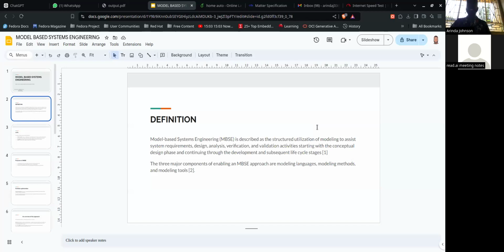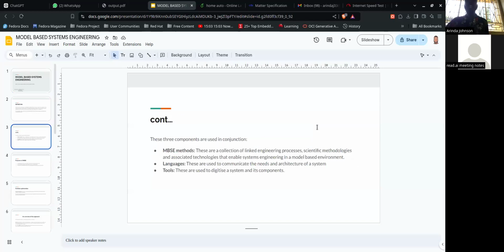So model-based systems engineering leverages scientific knowledge from different aspects of science to help you model your system better. There are majorly three components that help us in MBSE.